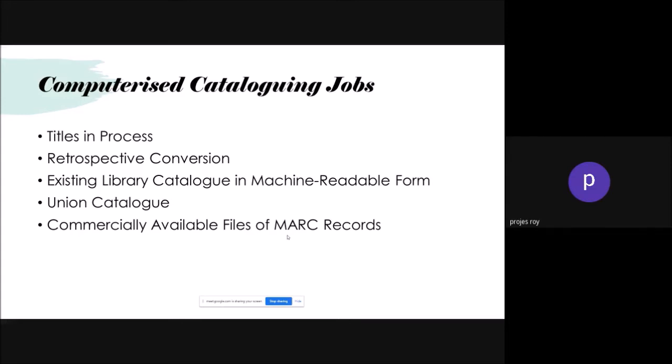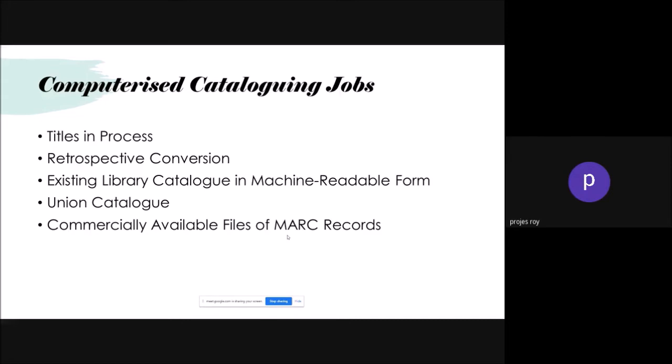There is also a very big union catalog covering almost half of India's library databases, which is also a kind of union catalog concept, but that is basically a networking union catalog. But here, union catalog means within your system.